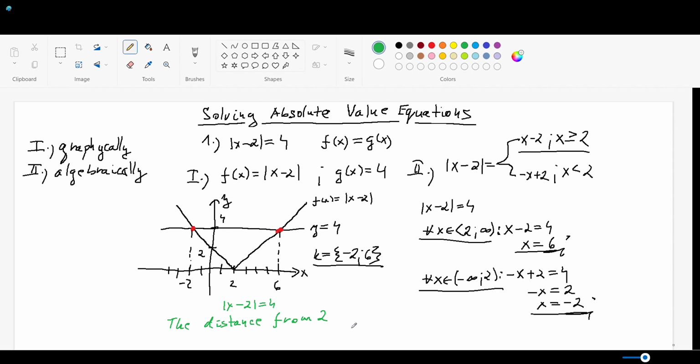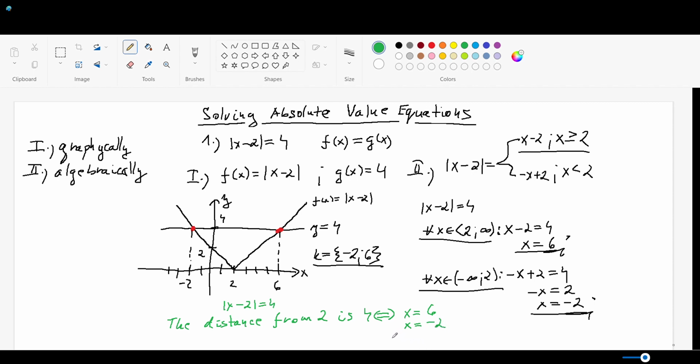If you said from 2, you are right. The distance from 2 is 4, which means, if and only if, x is equal to 6 or x is equal to negative 2.